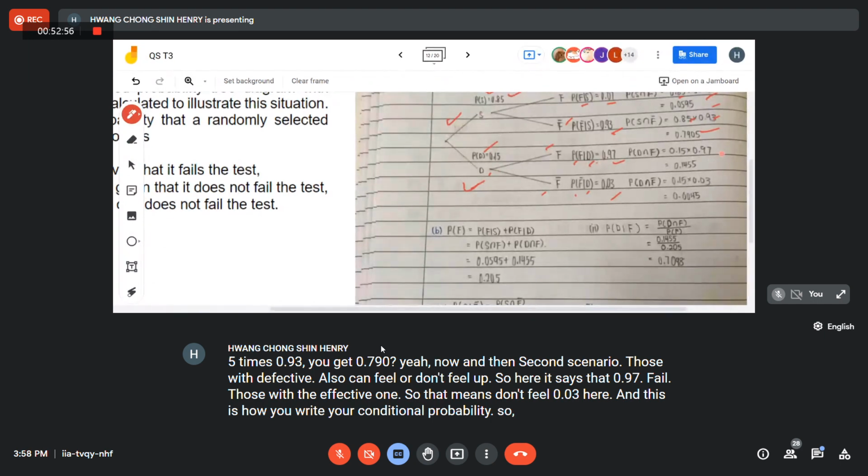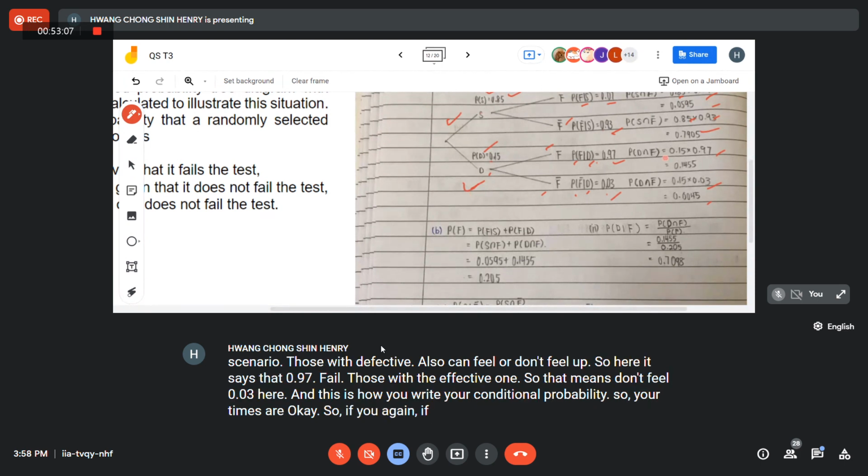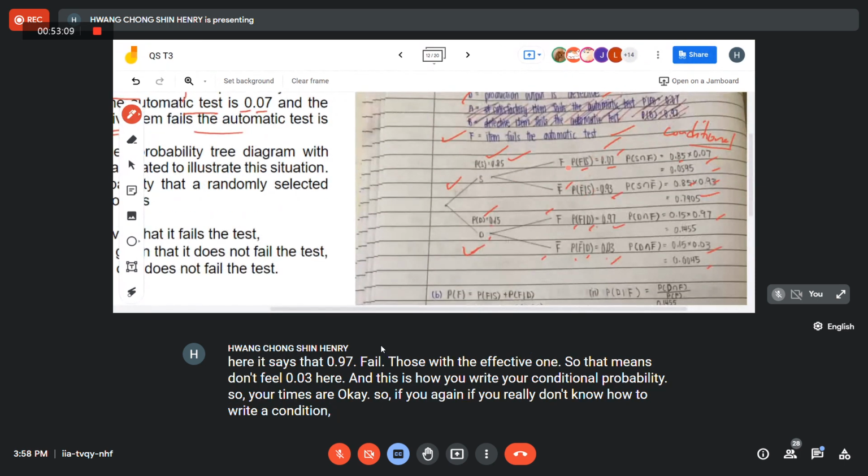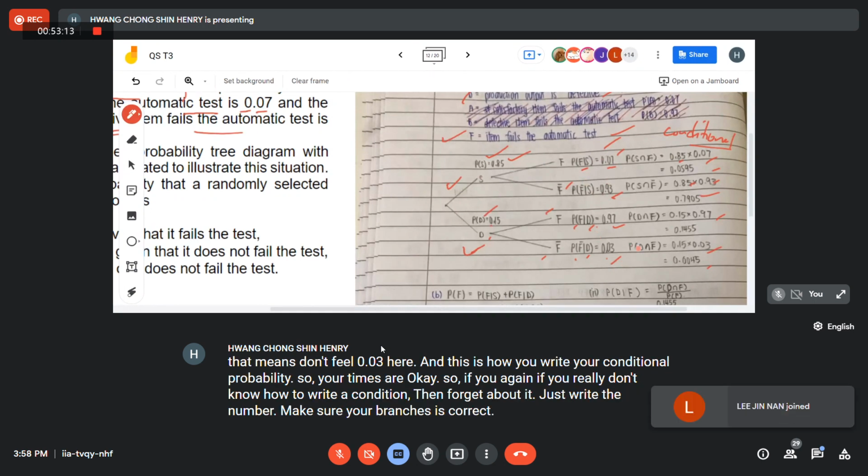So again, if you really don't know how to write the condition, then forget about it. Just write the number, but make sure your branches are correct and your joint probability is multiplied correctly.